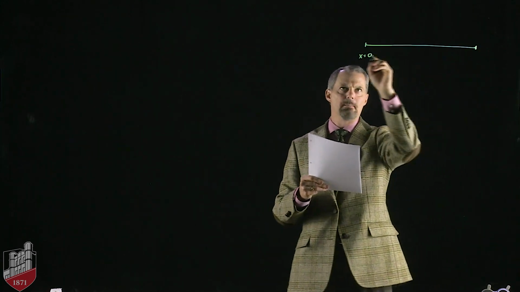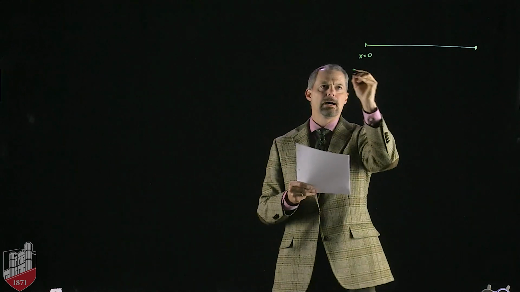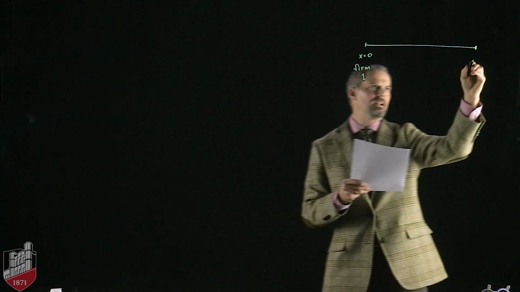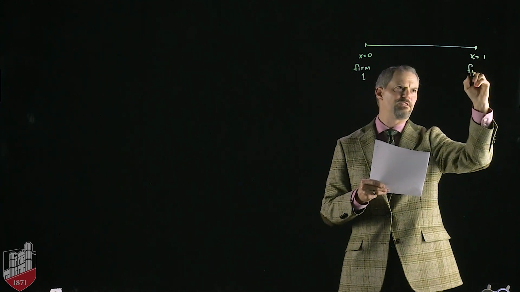But now, we're going to be thinking about these firms as being competitors with each other. We're going to have one firm right down here at x equals 0. Remember, x is a position along this 1 mile line. It's going to be an address. So we're going to put firm 1 down here. And up here at x equal to 1, we're going to put firm 2.